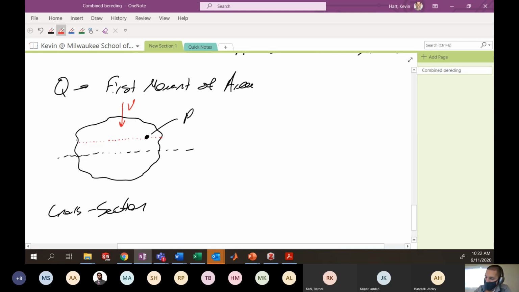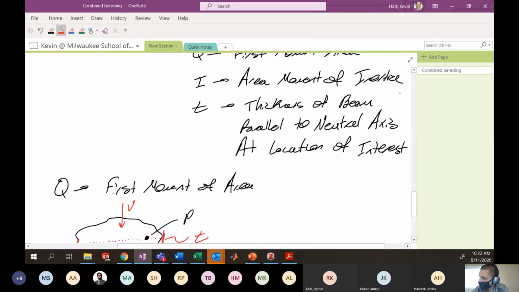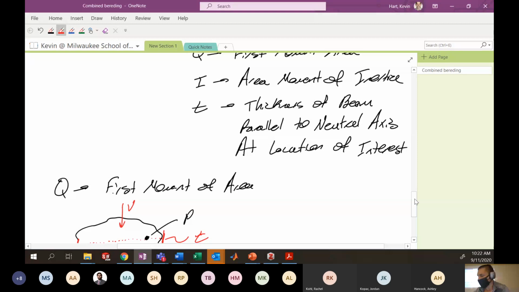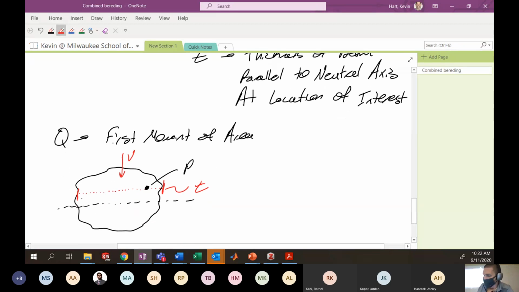The width of this line at this location is the variable t, which is the t in the equation up here. When I talk about the thickness of the beam parallel to the neutral axis at the location of interest, I'm talking about this length here at point P.